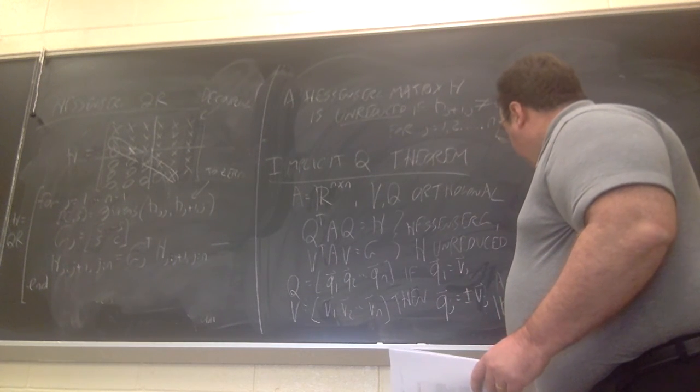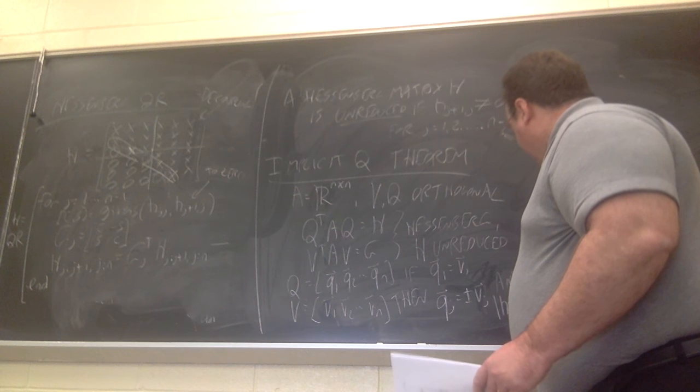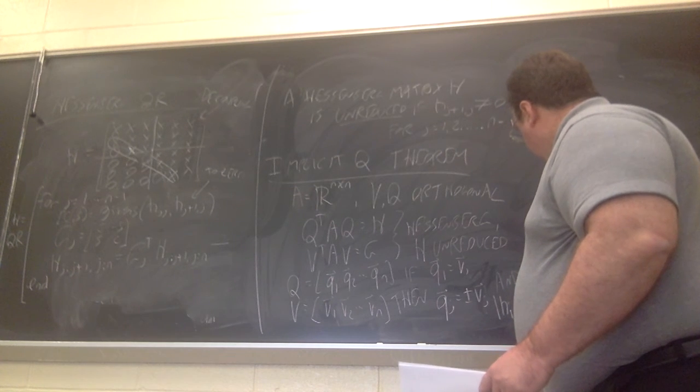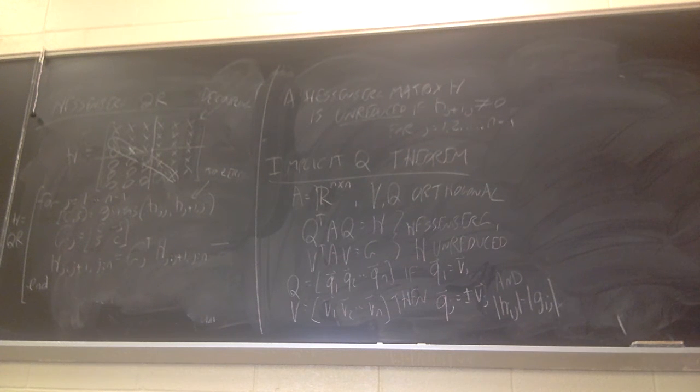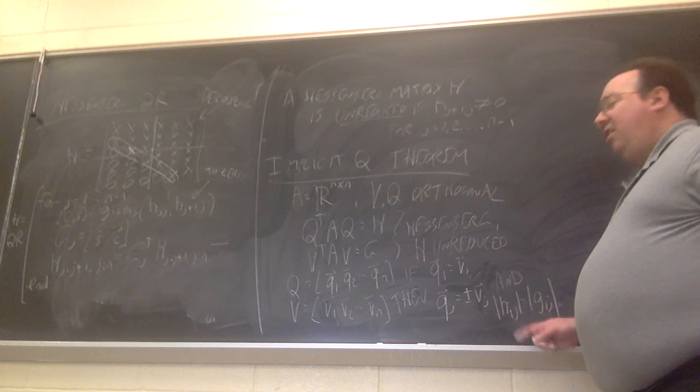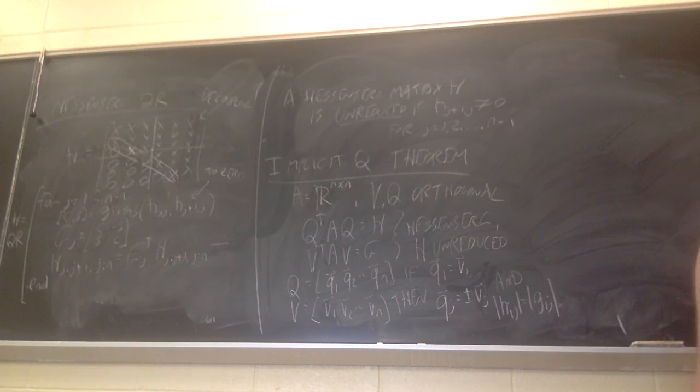The Hessenberg forms are equal, except possibly for sign, which means that G also is unreduced. So in this case, we say that these are essentially equal.